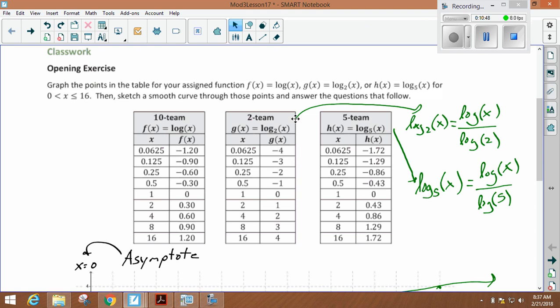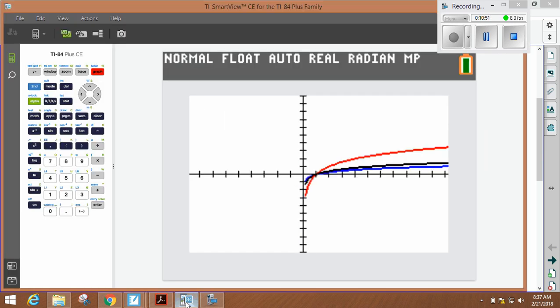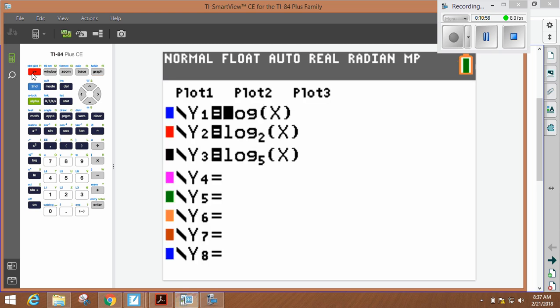Let's go back to our handy dandy calculator. I'm going to put something new here, and it shouldn't change. Let's replace that log base 2 with log base 10 of x divided by log base 10 of 2.